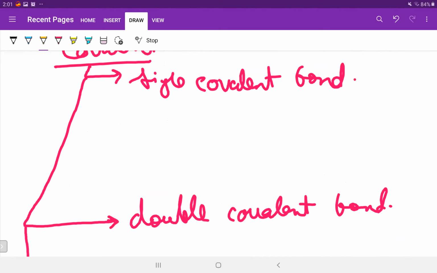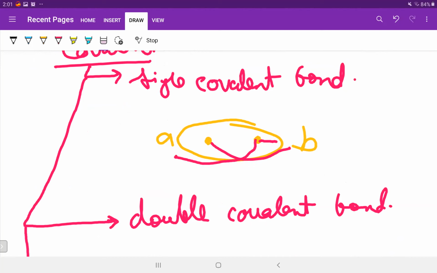Okay, so now this is formed by sharing of only one pair of electrons. Okay, pair means what? One electron, like two atoms are there, A and B. One electron A will give and one electron B will give, and they will share it. There is no way that B will take A's or A will take B's. They both are actually fooling themselves.